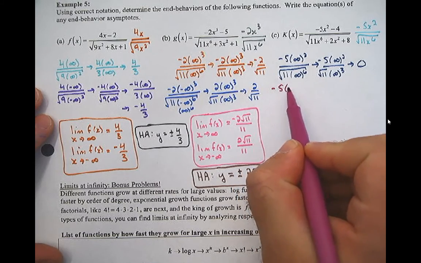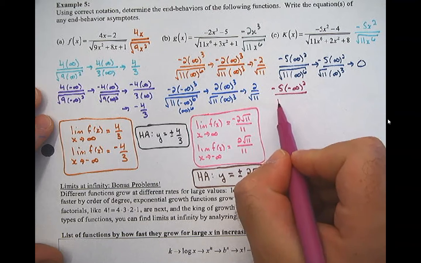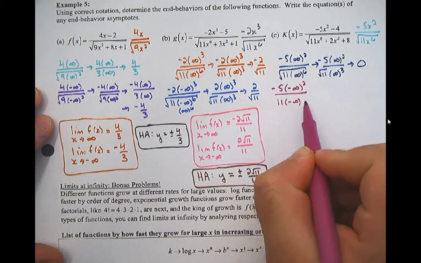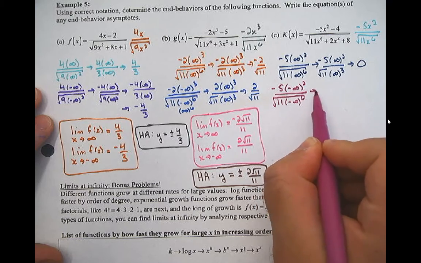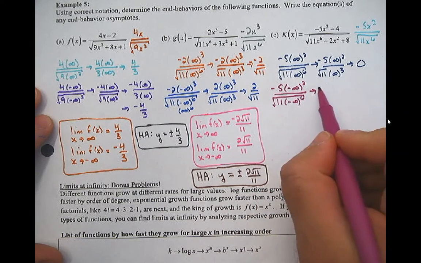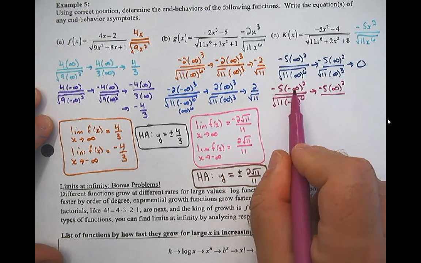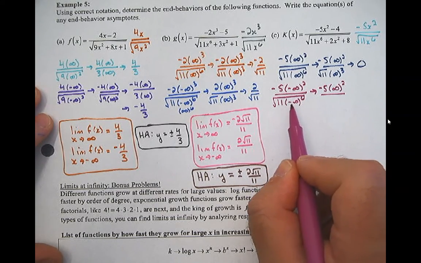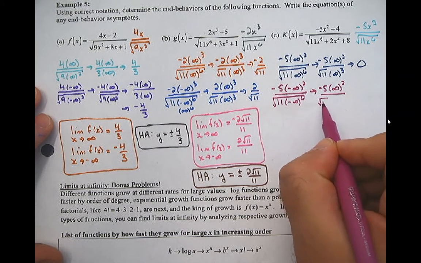So negative 5, I probably don't even need to waste my time doing this, but let's do it anyway. So this negative gets squared, so I'll have a negative 5. So that negative got squared out. Same thing here, this negative gets raised to the 6th power, so that's gone, and then I can root it, root 11.